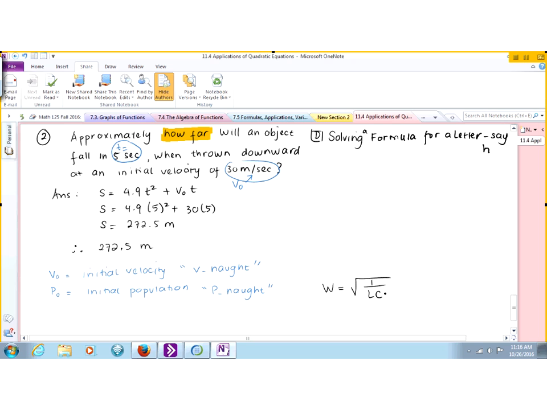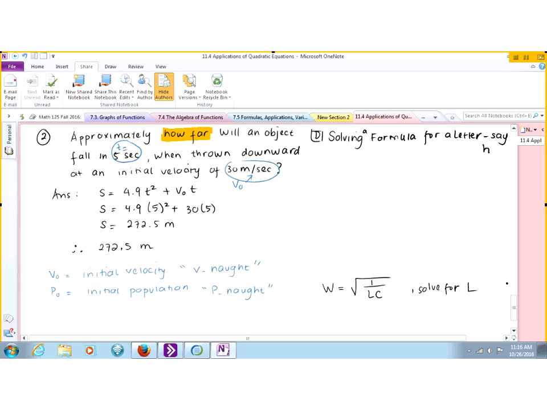Suppose I have W is equal to square root of 1 over LC. Solve for L. So eventually this is something that I want to do.